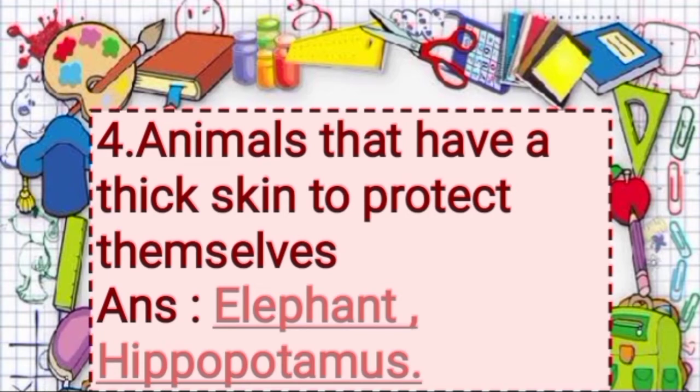Answer: elephant. Second example, hippopotamus. So as you know, many animals have adapted themselves well to the environment to protect themselves from the enemies. So animals such as elephant and hippopotamus have thick skin to protect themselves from heat in hot climate.